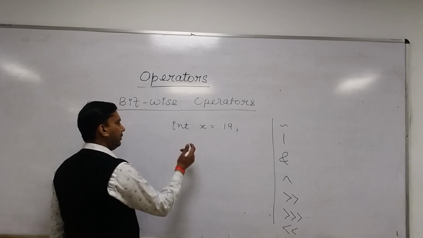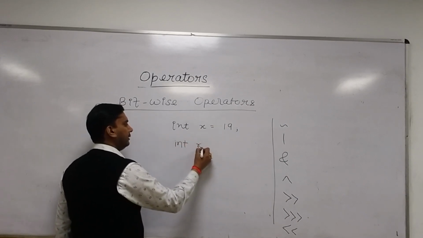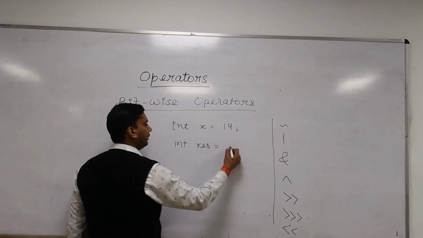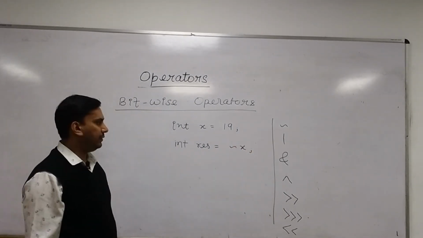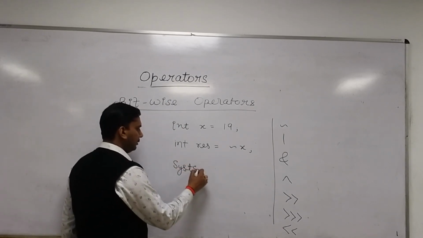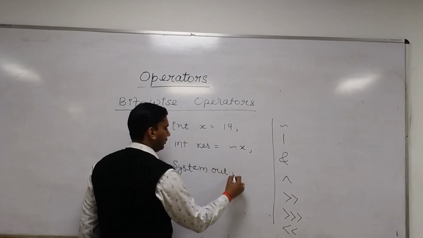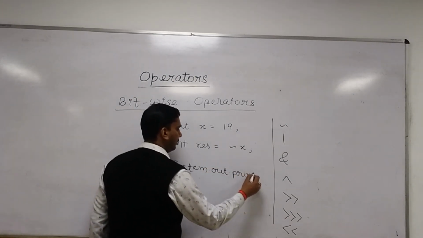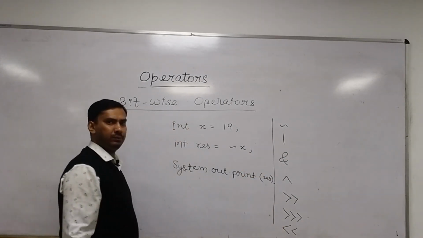Let's say I want to find the value, int result is equal to NOT of x, and if I try to print this value, result, what should be the output?